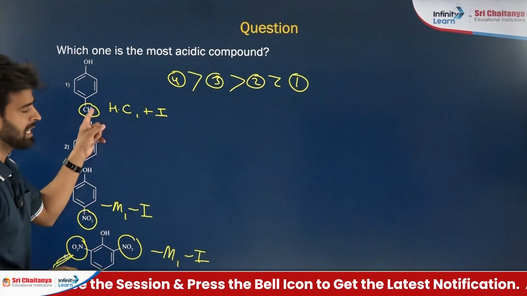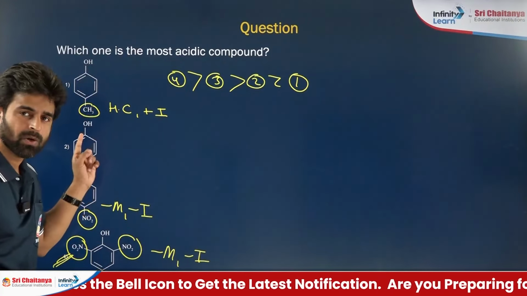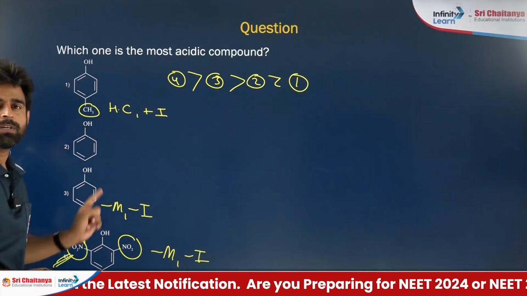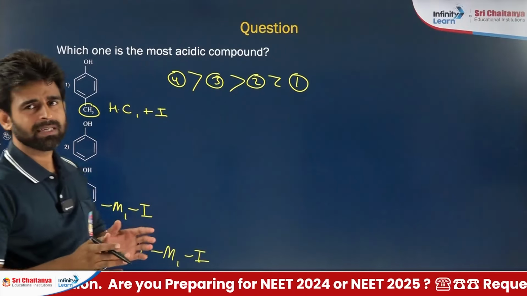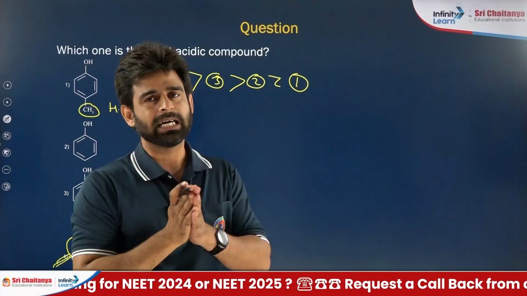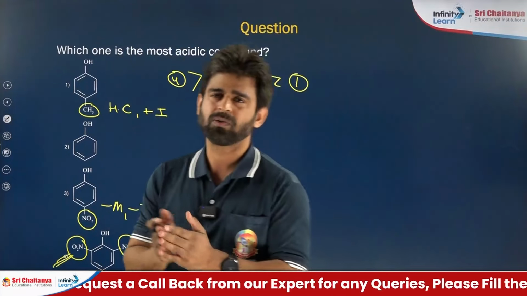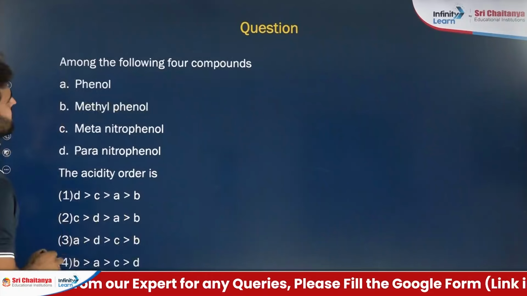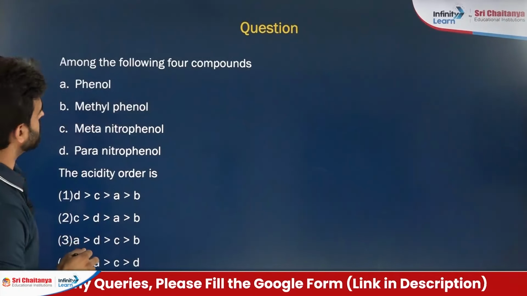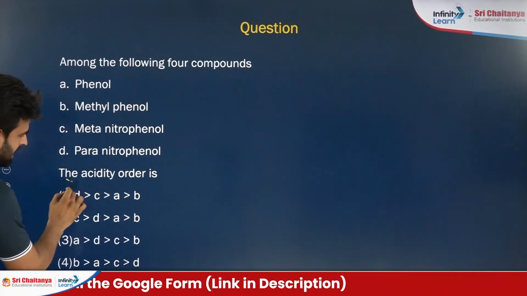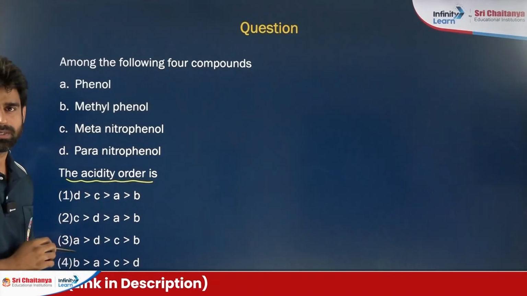Because in this we have donating groups. Here no donating group. Here we have withdrawing groups, right? Every year at least one question is asked from the acidic strength of carboxylic acids or from phenol, or you can say alcohol, right? Next thing is, among the following four compounds, they're asking again the acidic strength order, right?